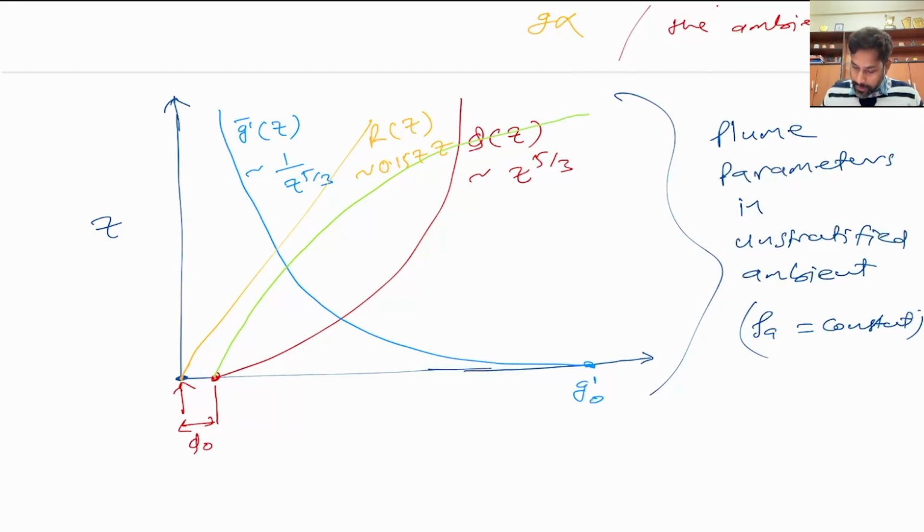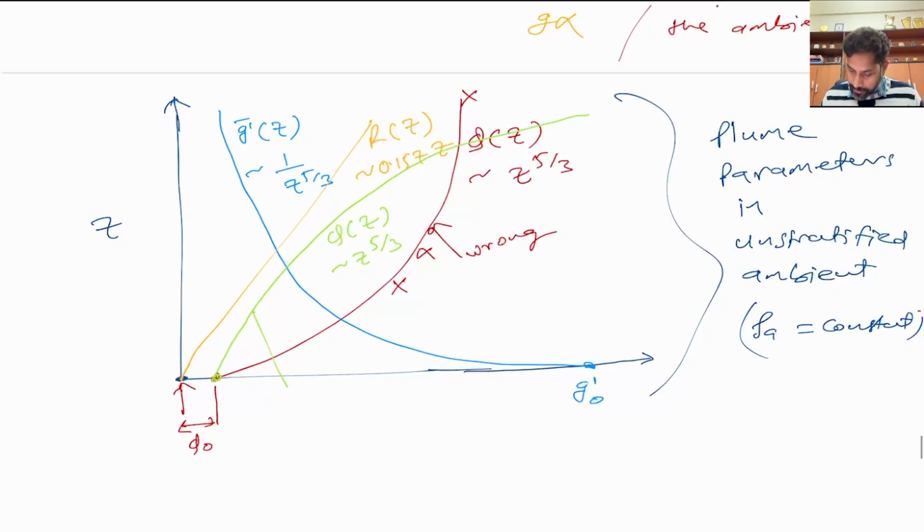So this particular curve will look something like this. What you see here in green is the correct version of volume flux as a function of depth. It starts here, and what you see here in red is the wrong one, so please ignore the red one, and the green one is correct.